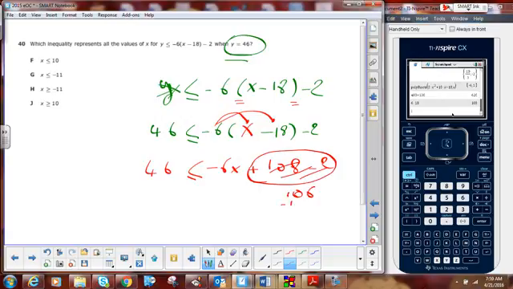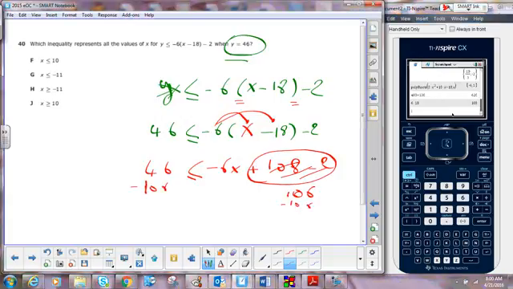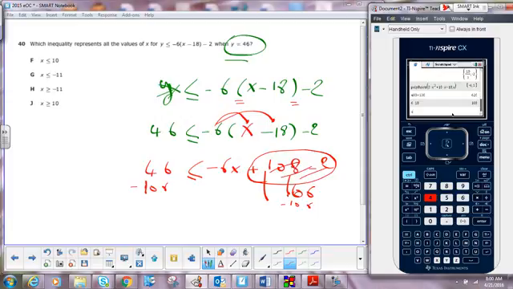You subtract 106 from both sides. So finally 46 minus 106. So 46 minus 106 equals negative 60.